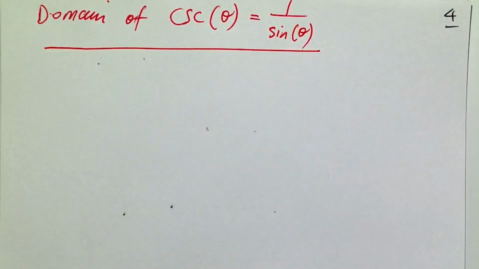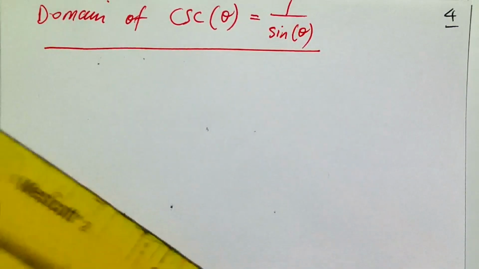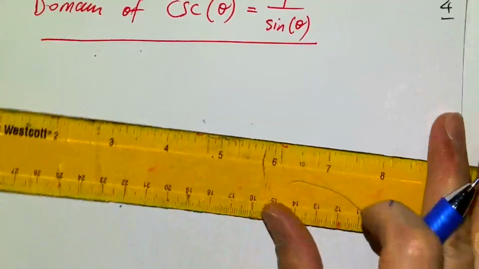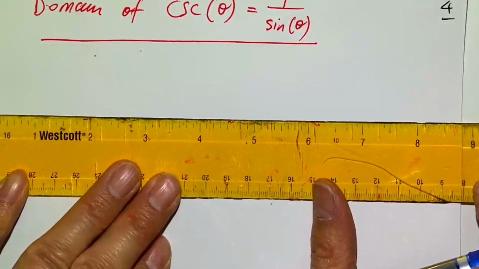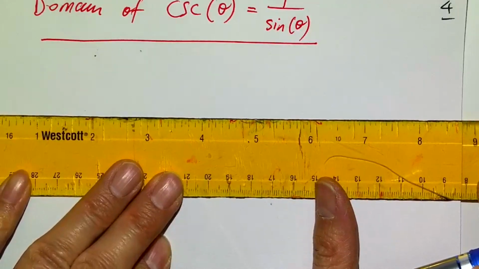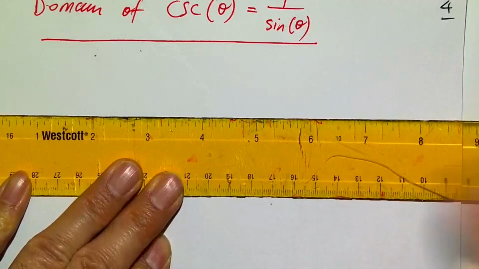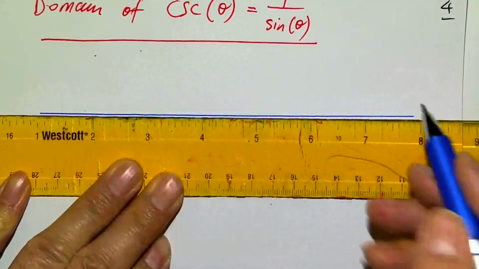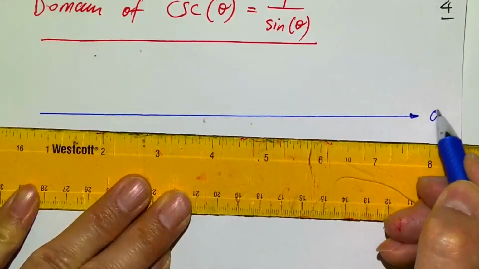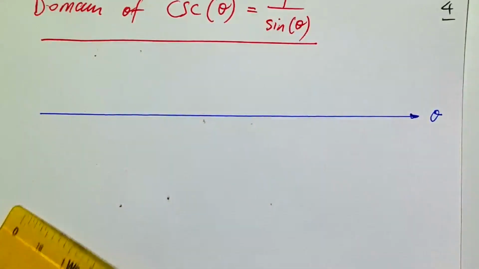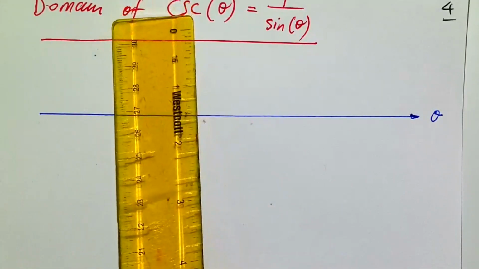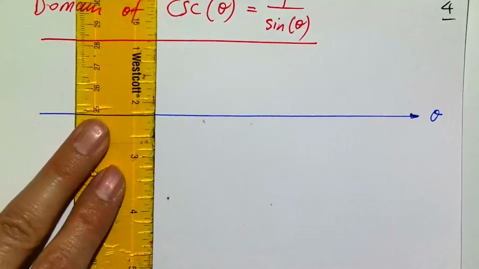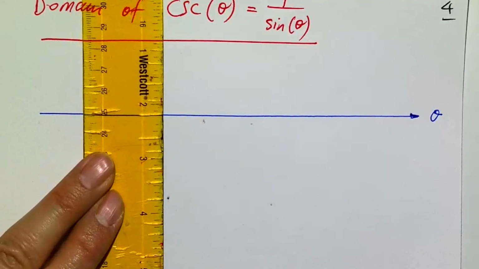Okay. All right. So just like before we give the domain, let's give a picture so we can make sense of the domain once we write it down. Okay. So we have something like this, and the theta. I should have drawn this line a little bit lower because I have all this space, but it's okay. It's fine.